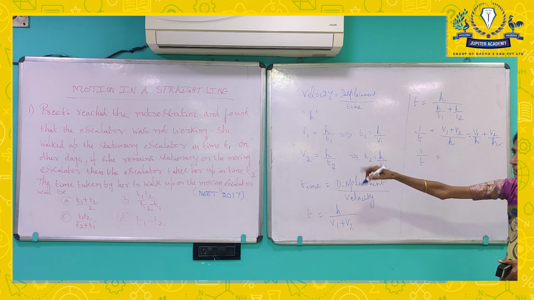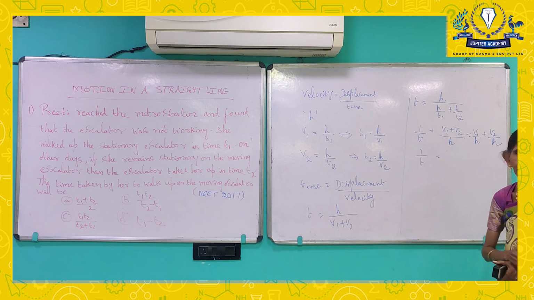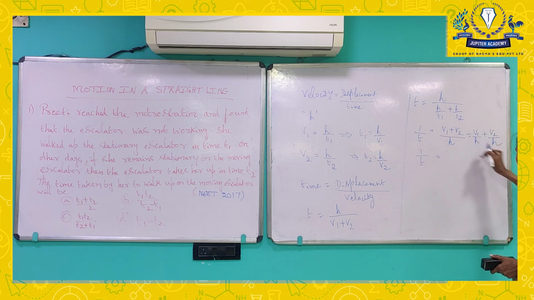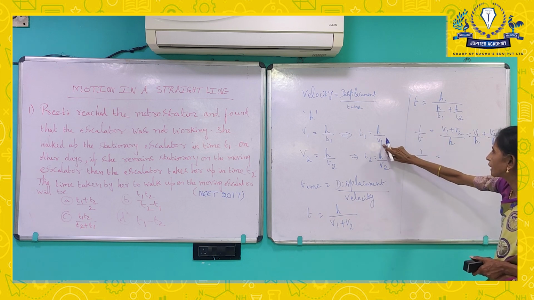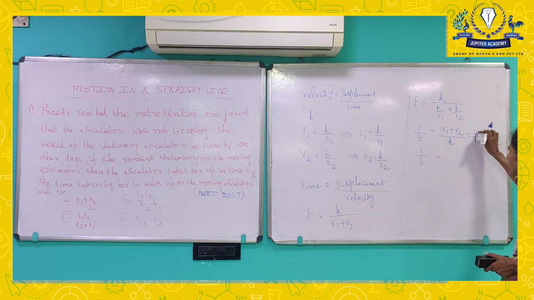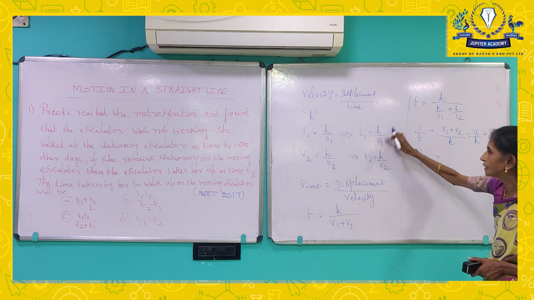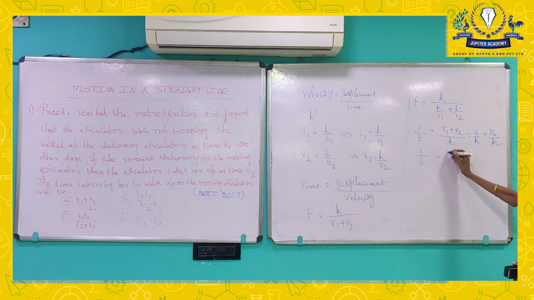Because all the answers are given in t1, t2, we have to bring this expression in terms of t1, t2. v1 and h we have to bring in terms of t1, t2. So from this step, h by v1 is t1, which means v1 by h is nothing but the reciprocal, so 1 by t1. And this will be 1 by t2.